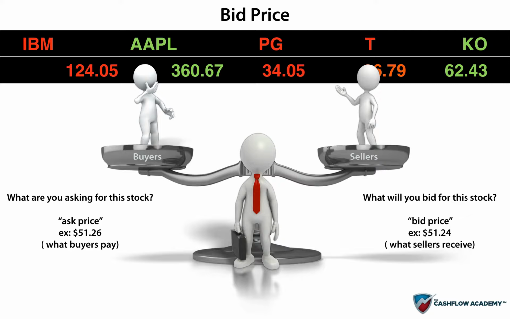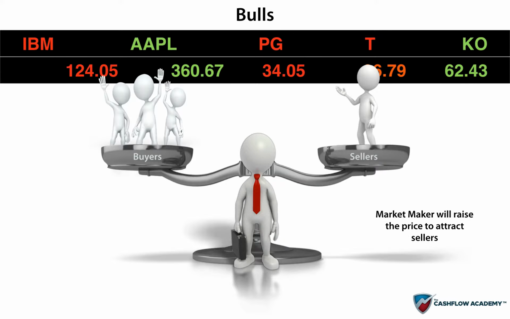So if there are no sellers, what would happen? If there's all these buyers and there's no sellers, well, how would you bring sellers to market and make a market for sellers? If there were all these people wanting to buy the stock, and there weren't enough people to sell it, well, you've got a problem here. You've got all these people wanting to buy a stock, going crazy, but there's no market for it.